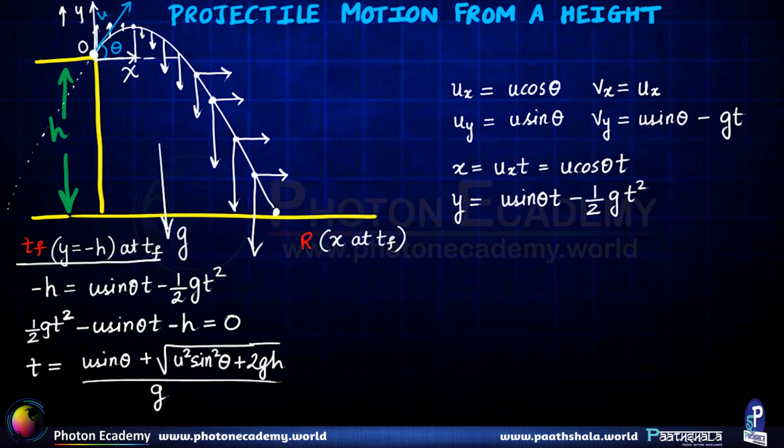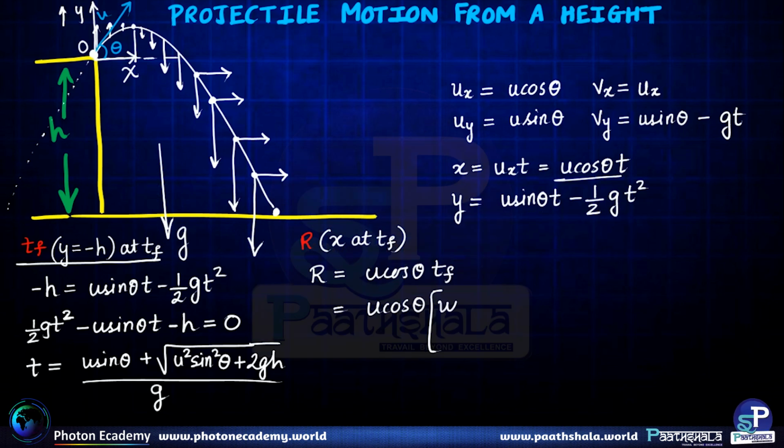What is x? x is u cos theta t, so that is just R is equal to u cos theta into time of flight, so that's u cos theta, and then you can copy this entire expression over here, u sine theta plus under root of u square sine square theta plus 2gh, upon g.